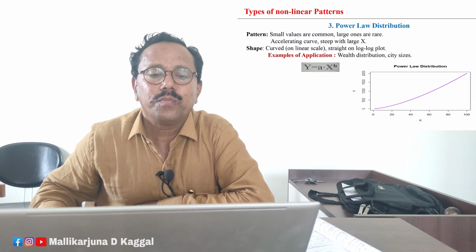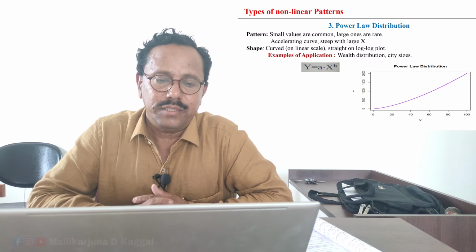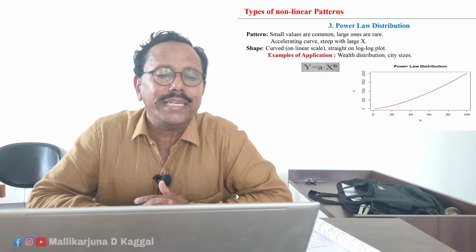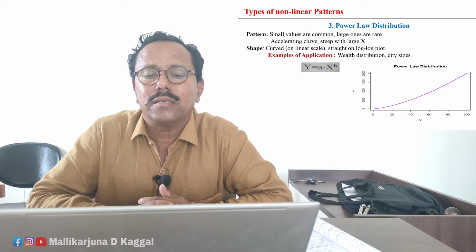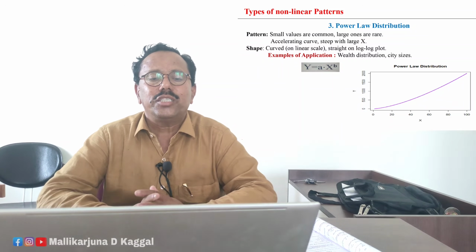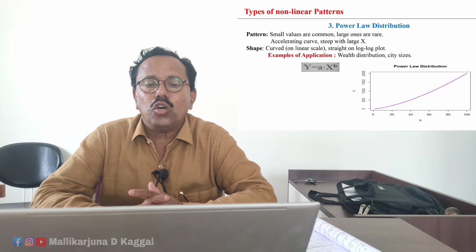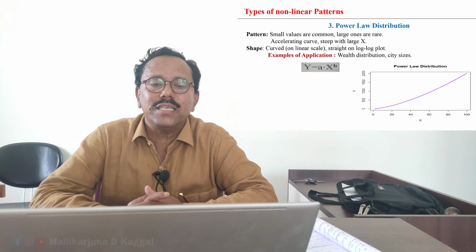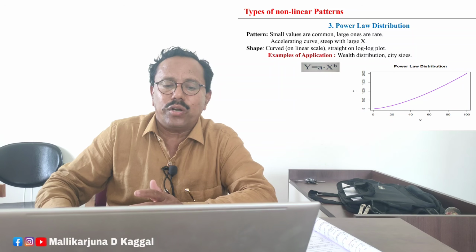Then next we have the third one, power law distribution. This is another pattern of the non-linear model. Here small values are more and larger values are few. When that is there, we use this model. The shape is a straight line on a log plot.